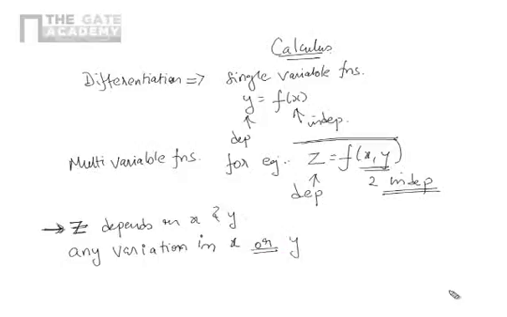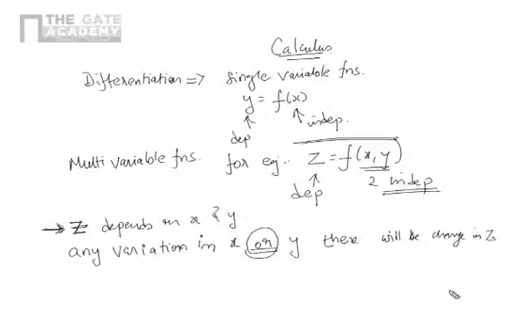I am very carefully using the words here. It is or. Any variation in x or y. That means x changes or y changes, there will be a change in z.